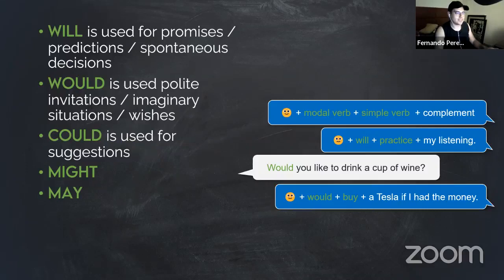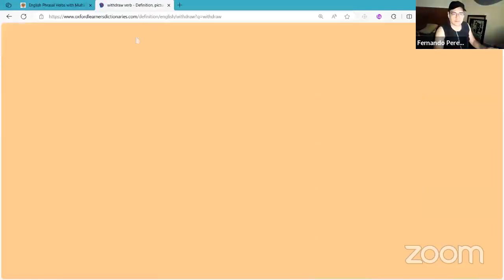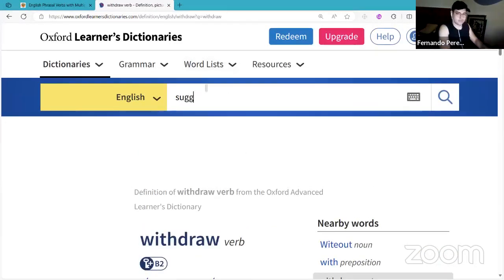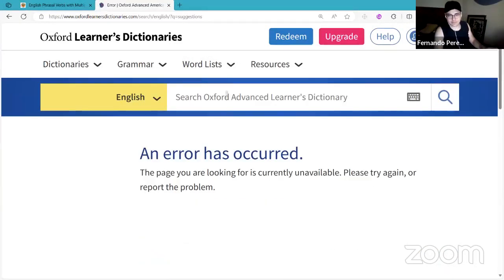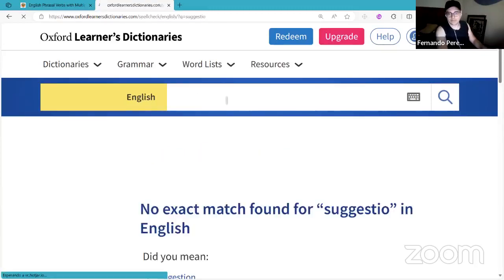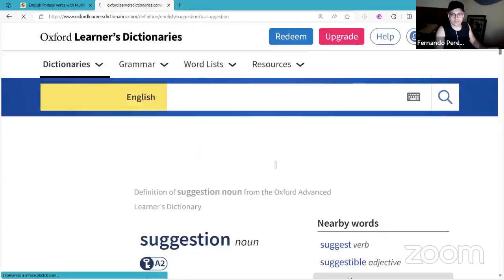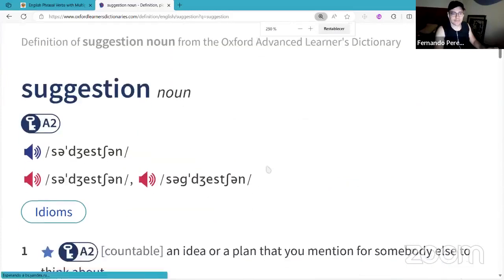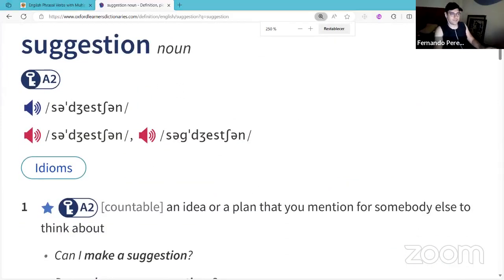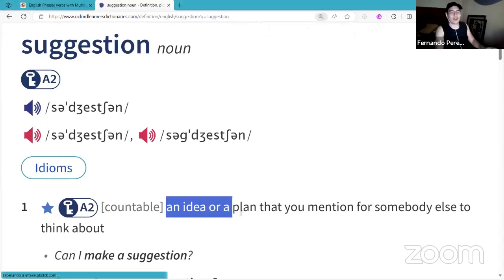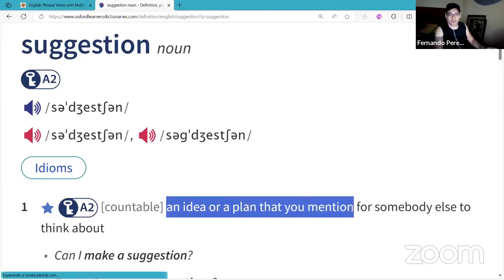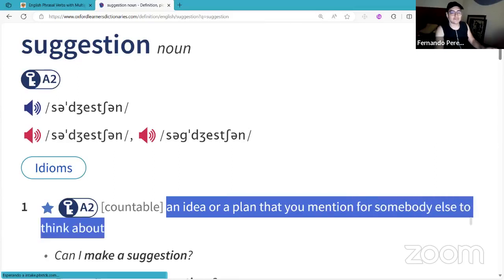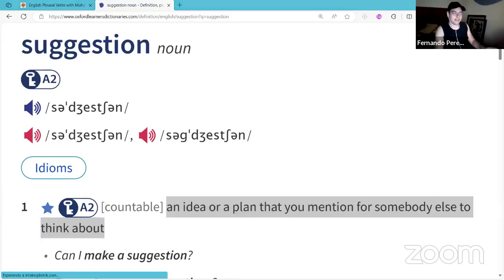What is a suggestion? A suggestion is an idea or a plan that you mention for somebody else to think about. What's the meaning of this?